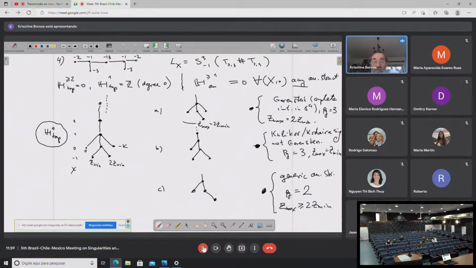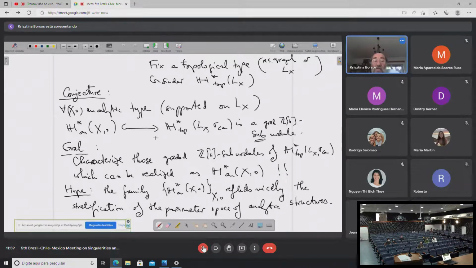So this is a conjecture, that indeed the analytic lattice cohomology injects as a graded Z[U] module in the topological one. So in this way, some graded Z[U] submodules of the topological lattice cohomology measure some discrete stratum of the strata of the moduli of the analytic structures.